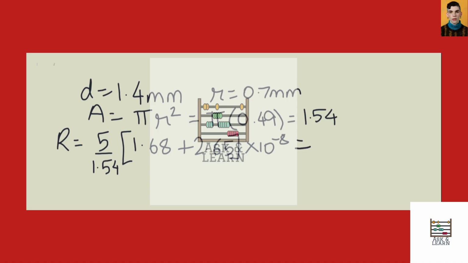One thing I forgot: the value of the cross-sectional area here is in terms of millimeters squared, so it's not just going to be 1.54, it's going to be 1.54 times 10 to the negative 6.